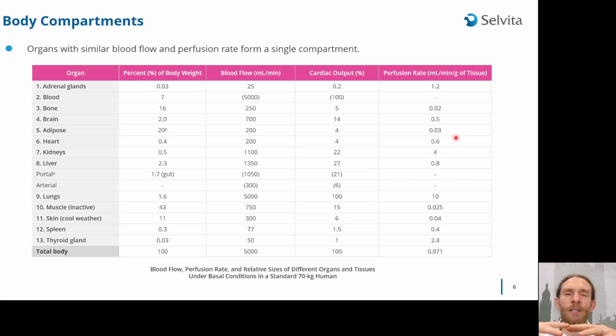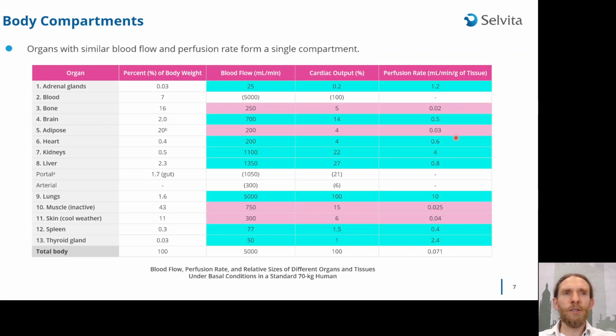Simplifying things, we can say that organs with a similar blood flow and perfusion rate form a single compartment. So how we described this before, organs with a high perfusion rate, the highest is lungs, next are kidneys, liver, heart, brain, thyroid glands, adrenal glands.